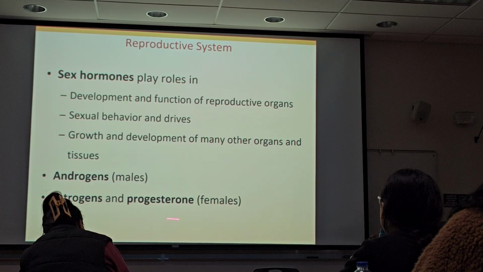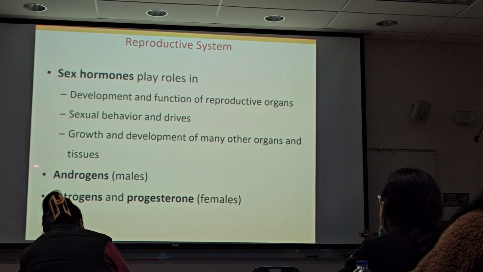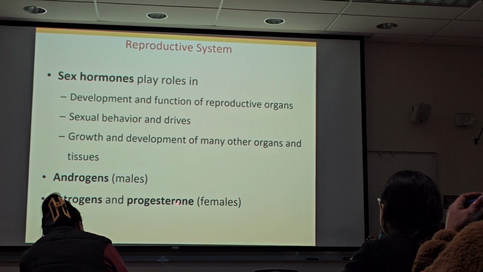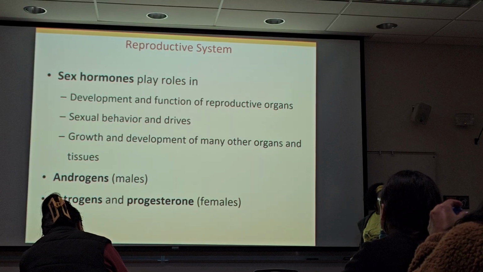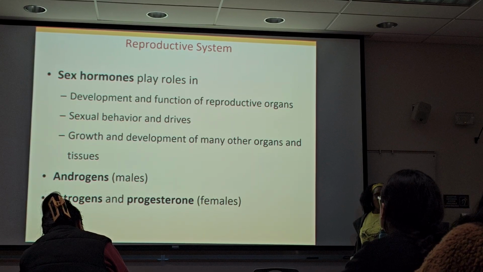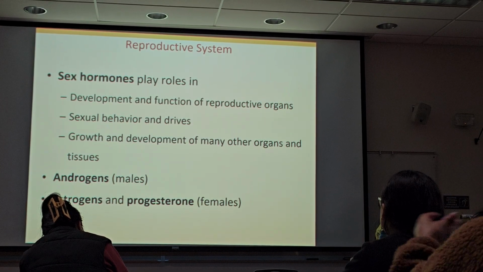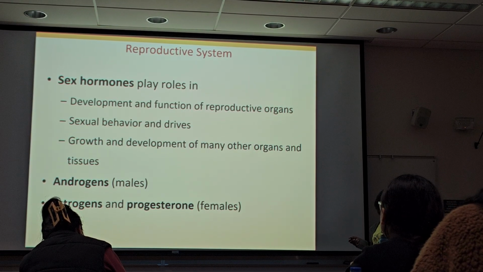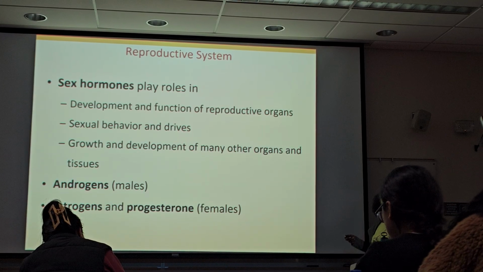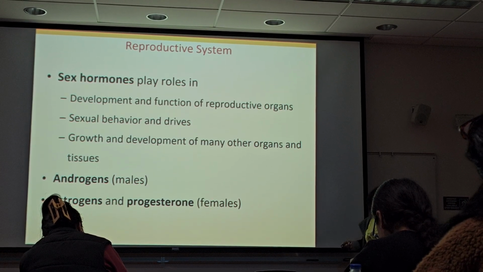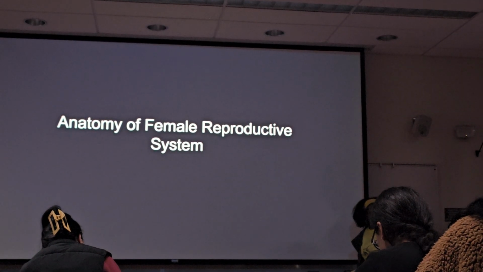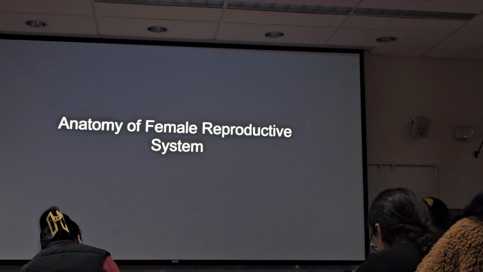In males, the androgens or testosterone, and in the females, the estrogens and progesterone. But we'll also see that there are some cells in the female that do produce testosterone. We'll see that in the follicle cells that help to take care of the egg.